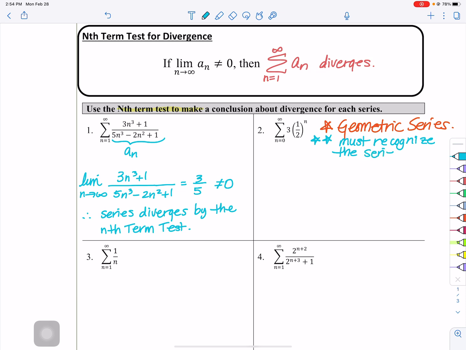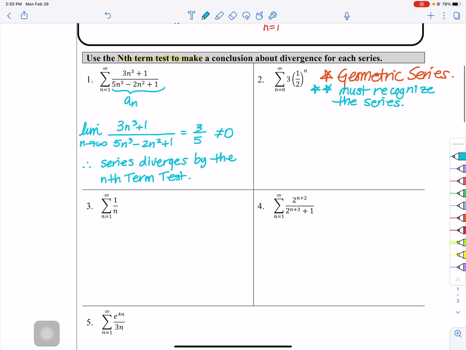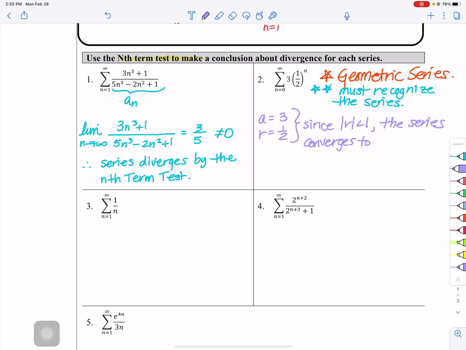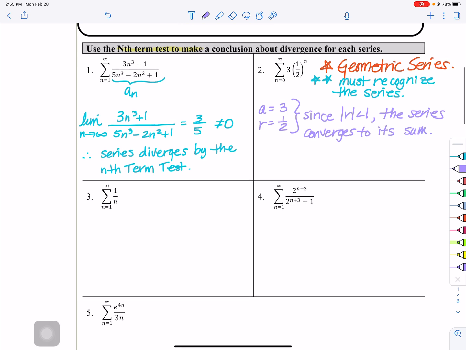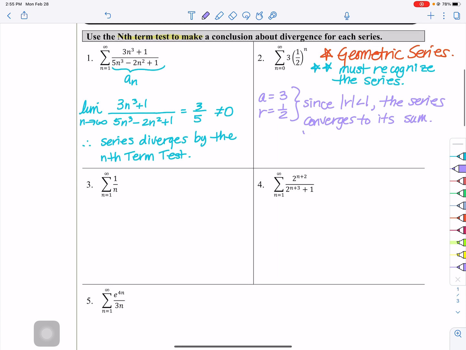You must recognize geometric series, okay? So it's a geometric series with a equal to 3 and r equal to 1/2. Since the absolute value of r is less than 1, the series converges to its sum.